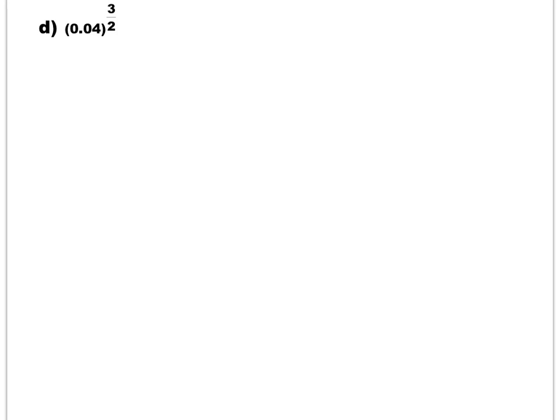The next example is 0.04 exponent 3 over 2. Again, as usual, I'm going to write 0.04 as 0.2 exponent 2, because 0.2 times 0.2 gives you 0.04, and the whole thing exponent 3 over 2.